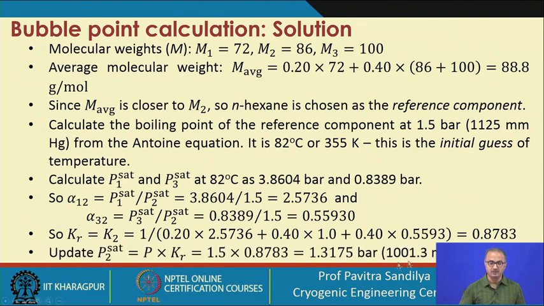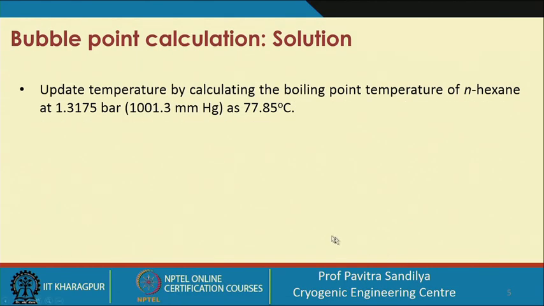Once we obtain Kr, we can update the value of P2 sat, that is the vapor pressure of N-hexane, and we find it as 1.3175 bar, about 1001.3 millimeter of mercury. This is the updated value of the vapor pressure of N-hexane, the reference component.